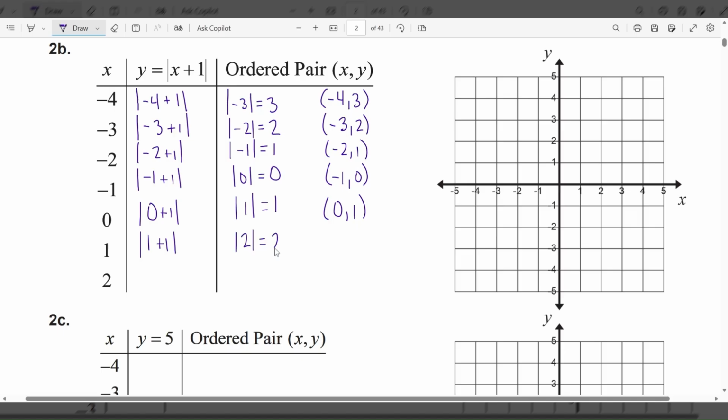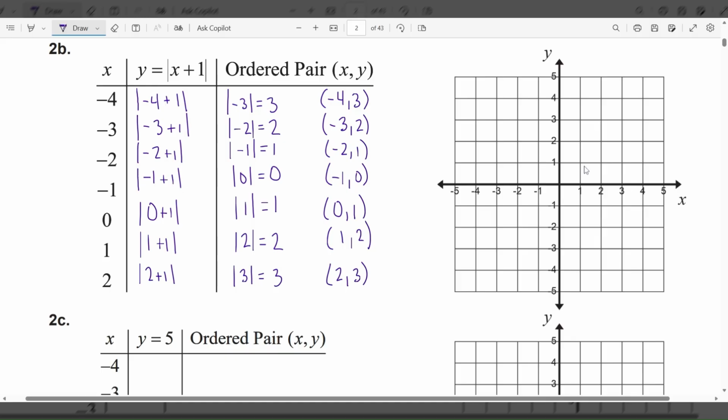Absolute value of 2 is still positive 2. So that gives me the point 1, 2. And we have absolute value of 2 plus 1, which gives me the absolute value of 3, which is positive 3. And the point is 2, 3.